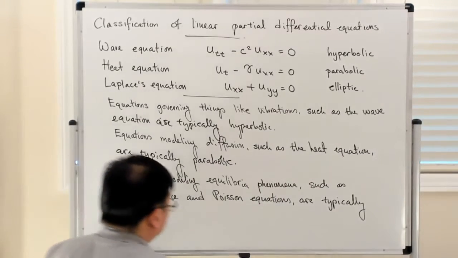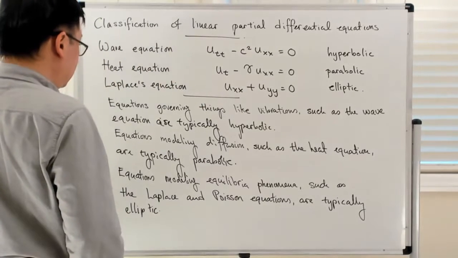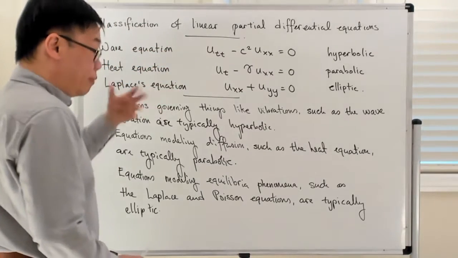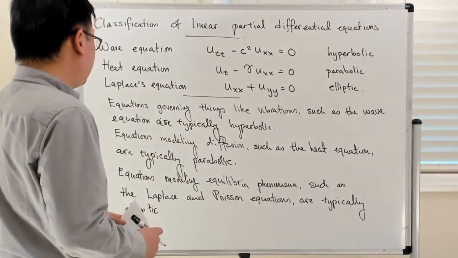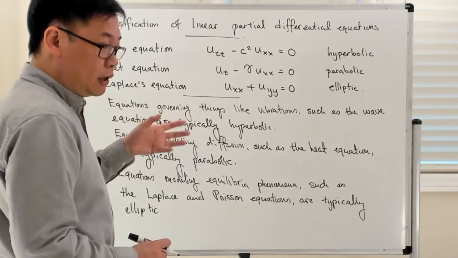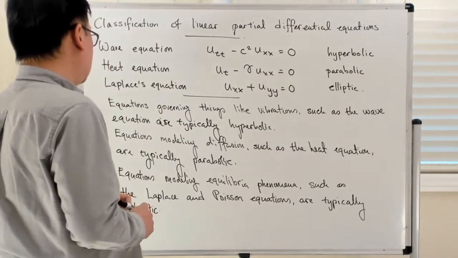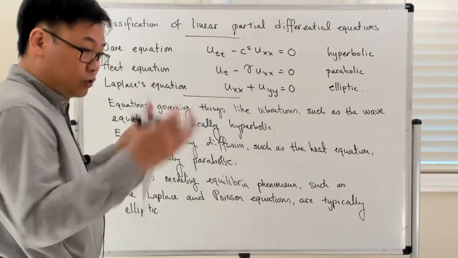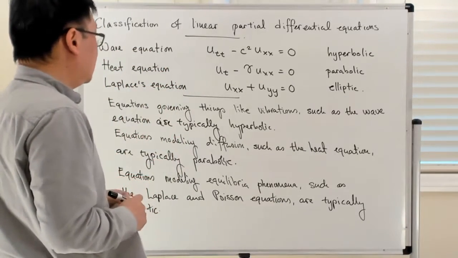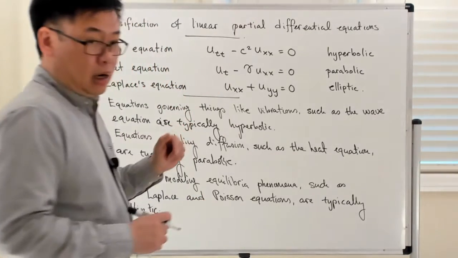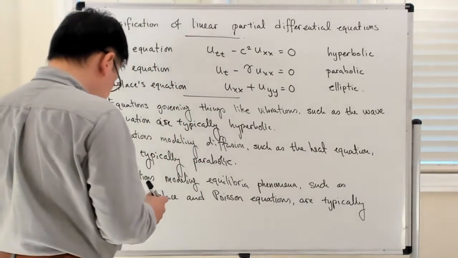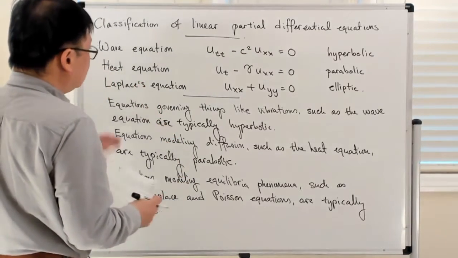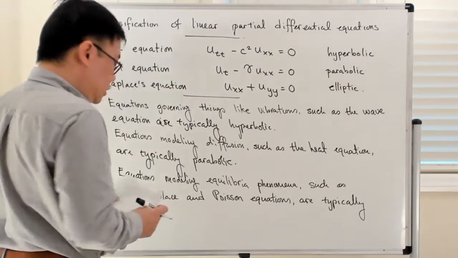So again, things which are typically hyperbolic involve things like vibrations, things which involve diffusion tend to be parabolic, like the heat equation, and things which describe some sort of equilibrium solution, such as Laplace's equation, are typically elliptic. All right, so let's now see where these classifications come from.